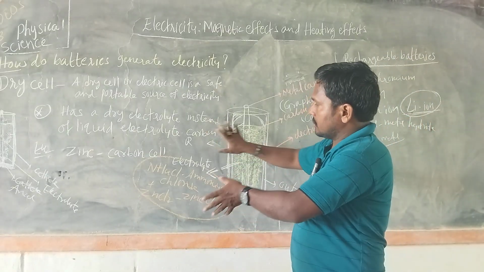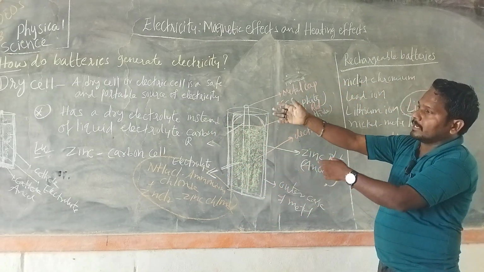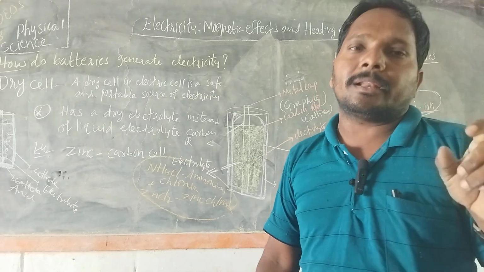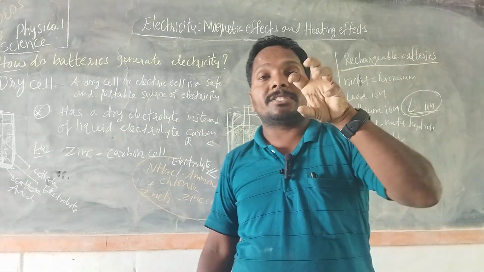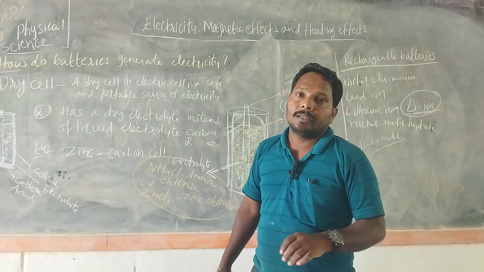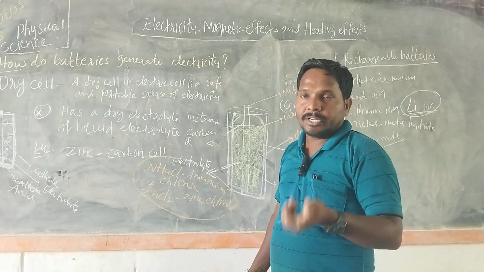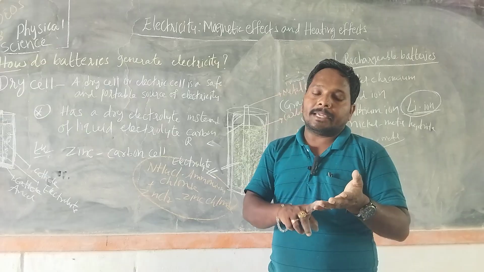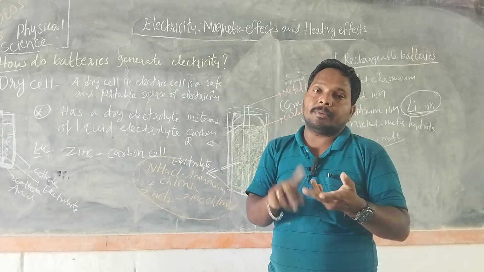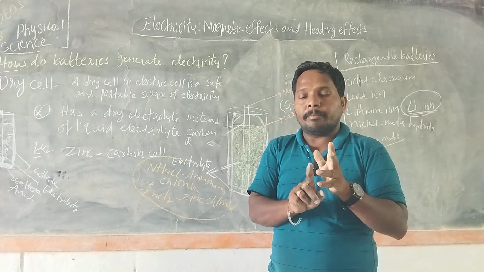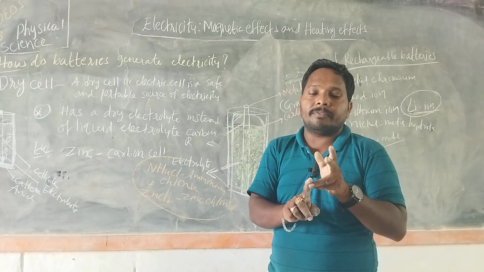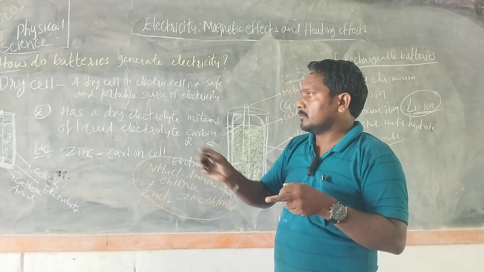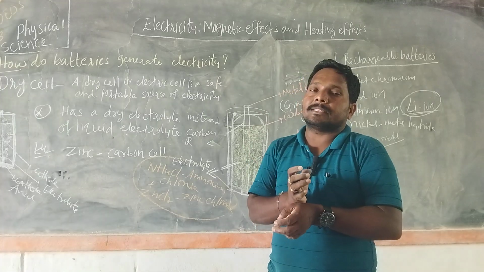These batteries, dry cells and voltaic cells come under a small topic regarding the chemical effect of electric current. Mainly three effects happen: the magnetic effect, heating effect and chemical effect. We discussed the magnetic effect and heating effect. A little part of the chemical effect was also discussed here in the case of the cell.